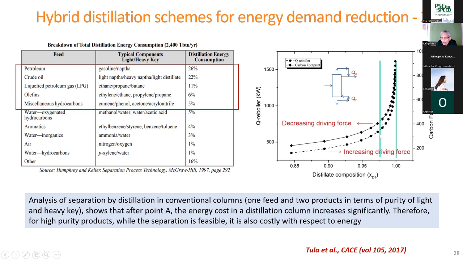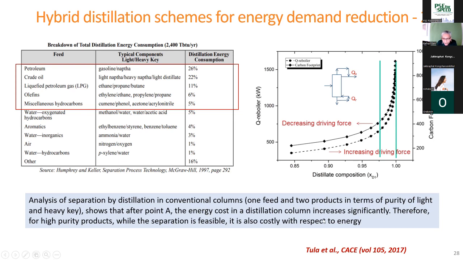So then the question is, if distillation is not good in this area, why should we use distillation? Can we stop with distillation here and add something that is more efficient from an energy point of view to do this part of the separation? So that is called hybrid distillation.